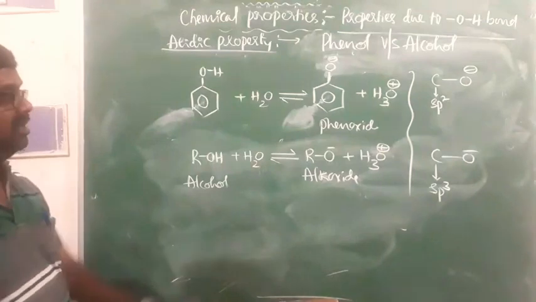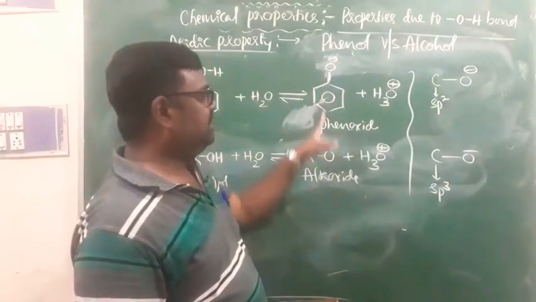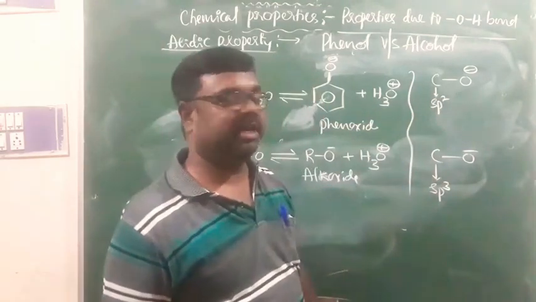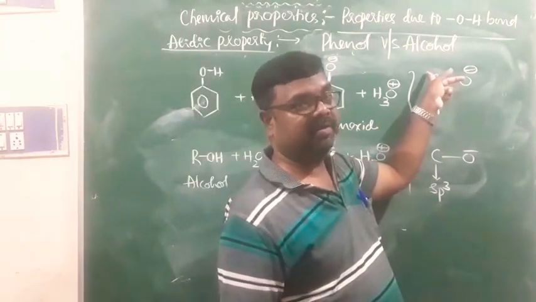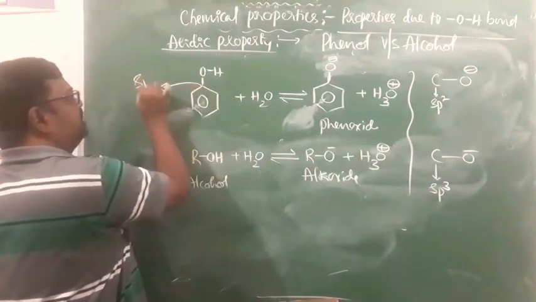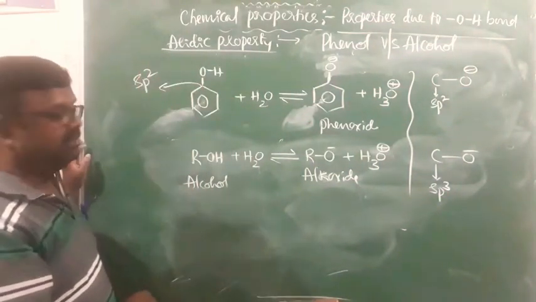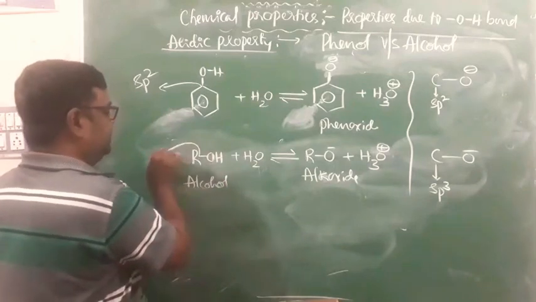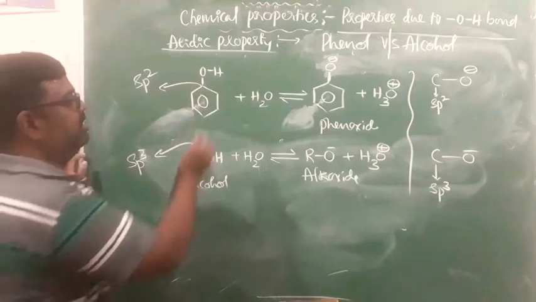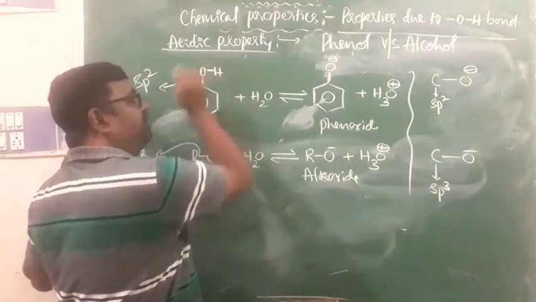Here there is an sp2 hybridized carbon, and here there is an sp3 hybridized carbon. Out of these two, which is more electronegative? The sp2 hybridized carbon atom. Because of the high electronegativity of the sp2 hybridized carbon atom in phenol, the OH bond becomes more polar.